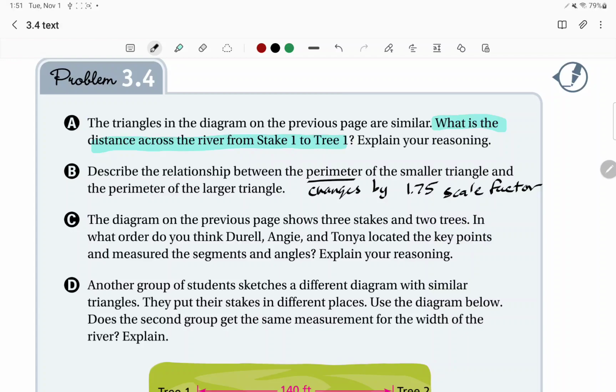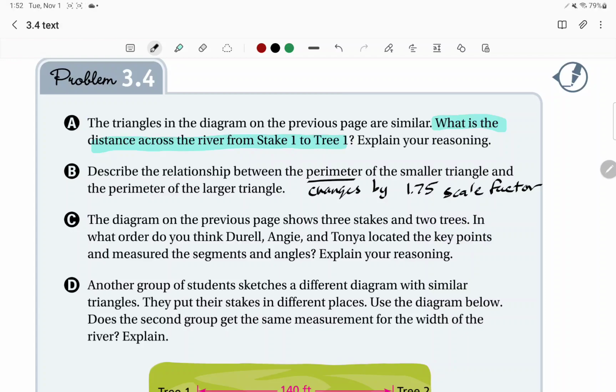So the perimeter of the bigger triangle is going to be 175% larger than the perimeter of the smaller, just like the side lengths. Perimeter and side lengths are going to change at the same rate. Area, however, is going to change by 1.75 squared, whatever that is. I don't even know what that is. I'd have to punch that into a calculator. But perimeter changes at the same rate the scale factor changes.